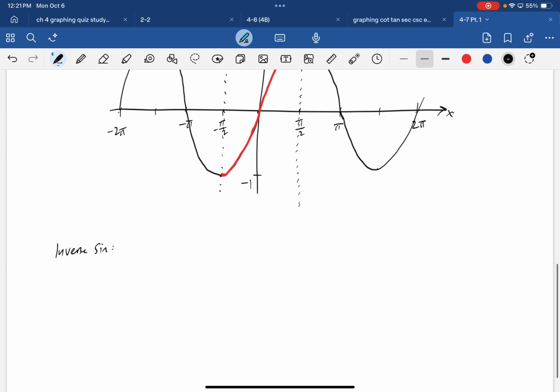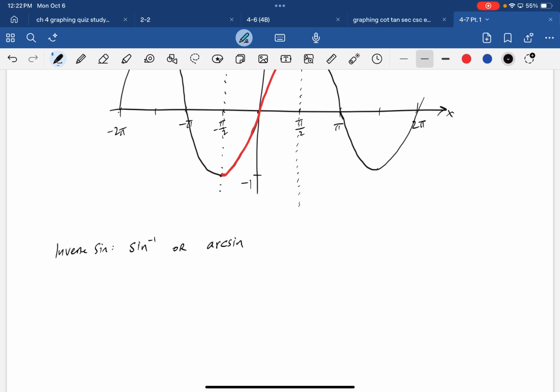You can either write it as sine with the kind of -1 exponent looking thing, right? But it's not actually an exponent. It's just the inverse function. Or you could say arcsine. So there are two ways of saying it or writing it. Arcsine or sine with the -1. Make sure you understand that this is not a reciprocal. It does not mean that, okay? Totally different things.